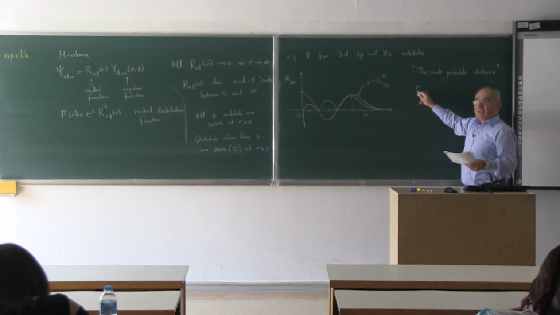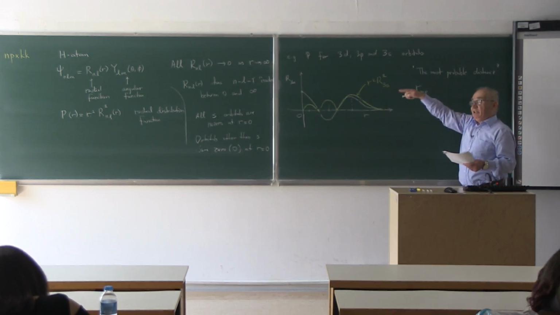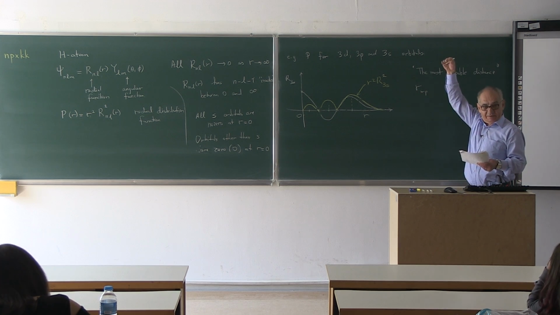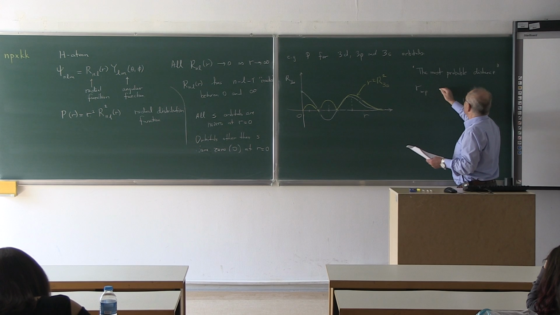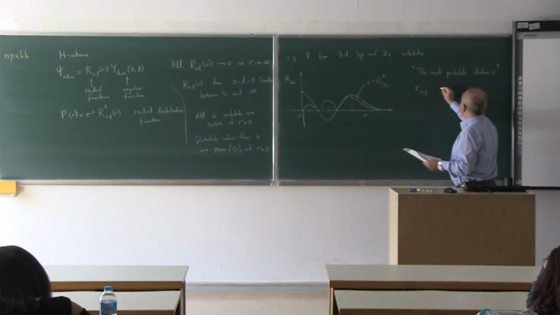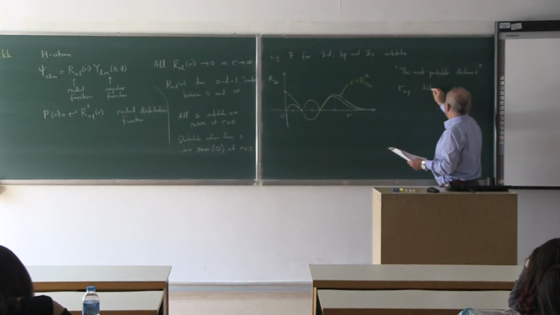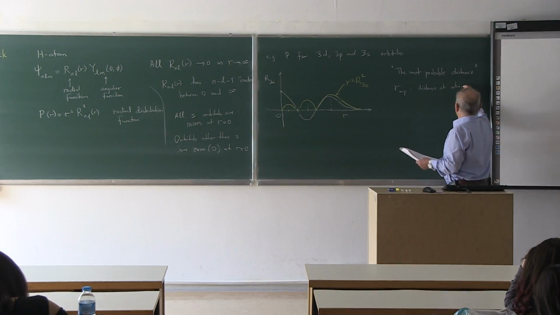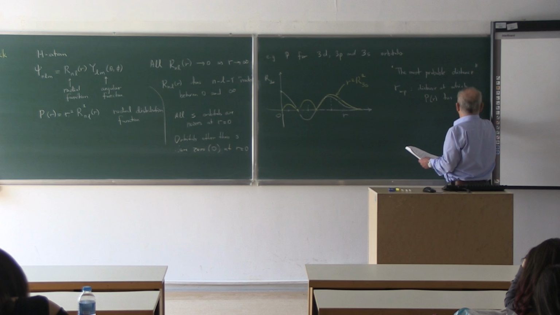This is the distance at which P, the radial distribution function, has the highest value.